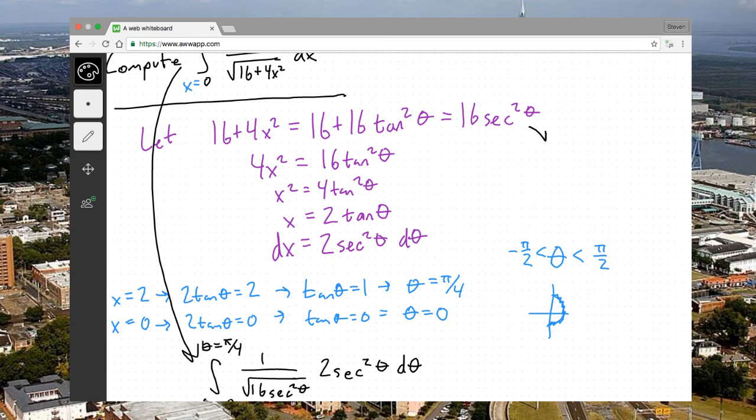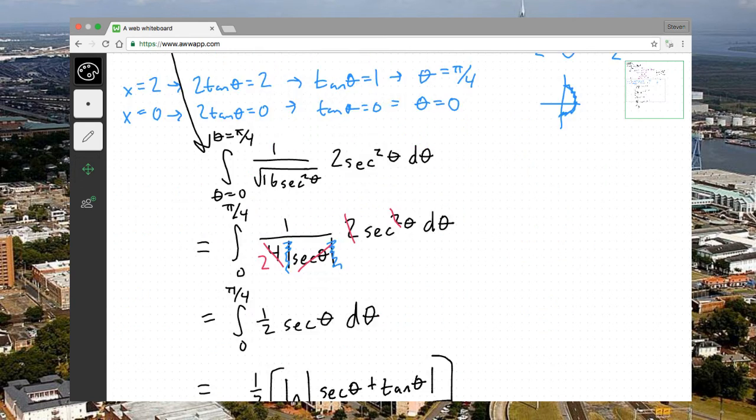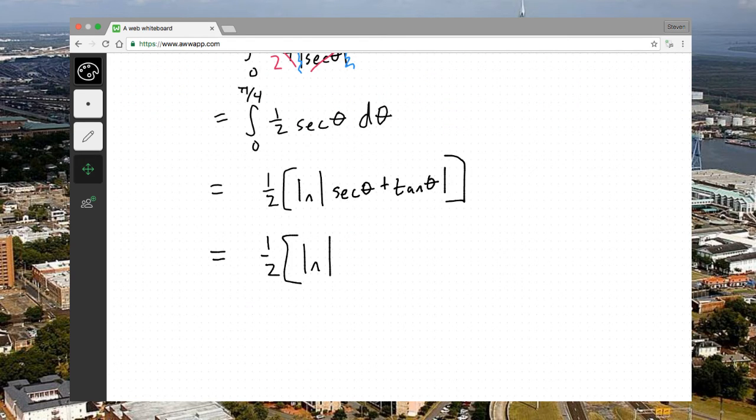I could take this first equality and solve for secant in terms of x. I get that secant squared of theta is 16 plus 4x squared divided by 16. And then I could take the square root and get that secant of theta is the square root of 1 plus 1/4 x squared. So it's not the nicest looking thing in the world, but it works.